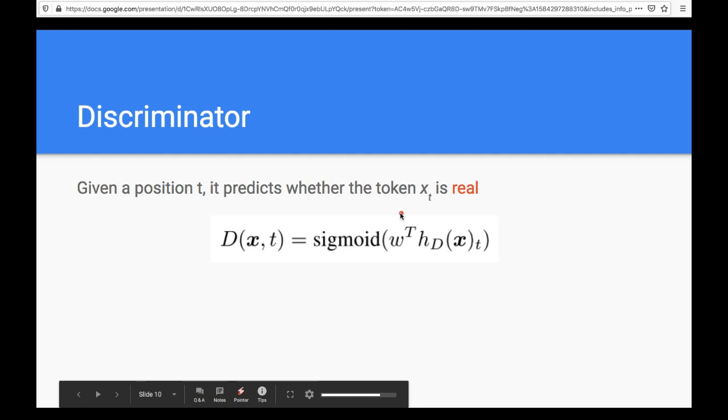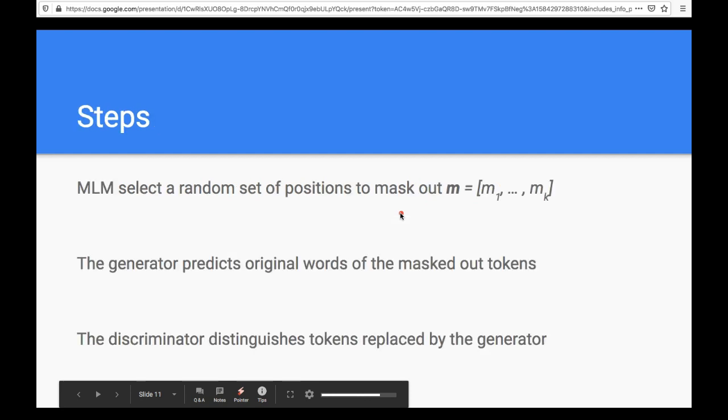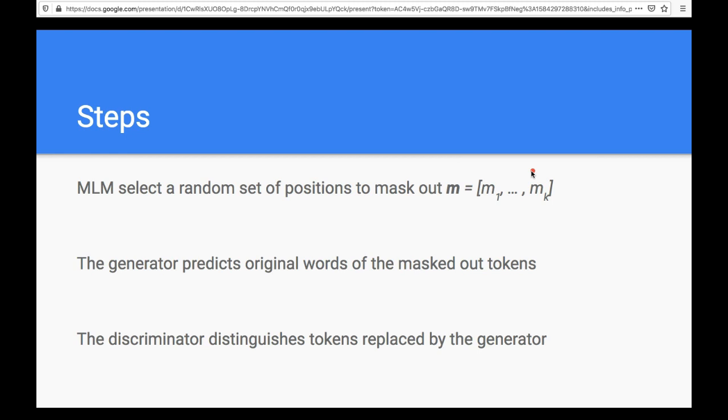Okay, so it basically predicts if this word is real. And these are the steps, because the algorithm actually combines a lot of small components and there are different kinds of steps you can do; this is the standard one. The masked language model randomly masks 15% of tokens, annotating them as mask token 1 to mask token k from a given input.